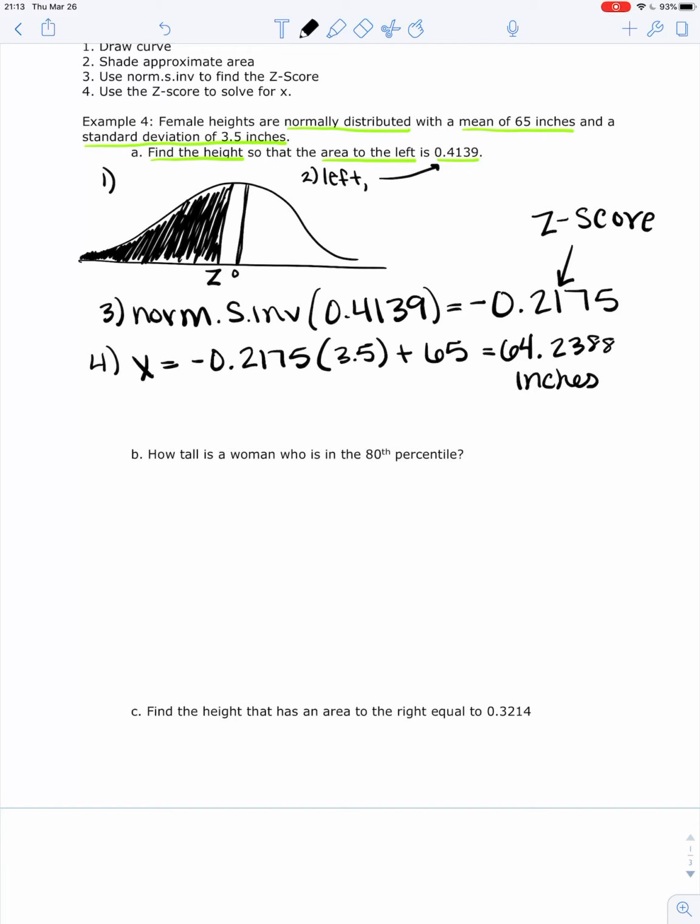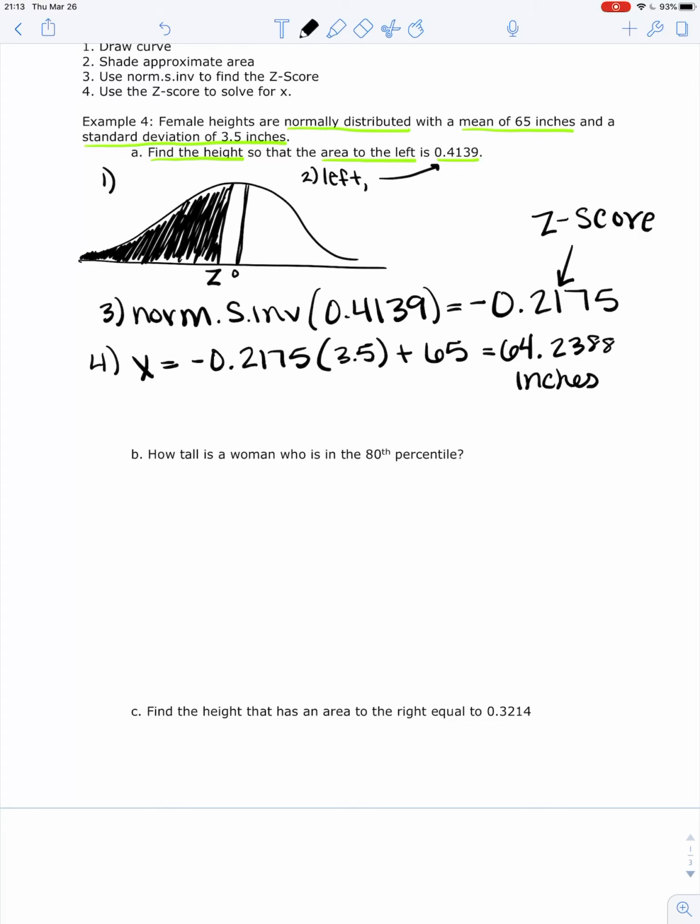So a person that is 64.2388 inches tall is taller than 41.39% of people. Or the probability of getting somebody who is less than 64.2388 inches tall is 0.4139. Okay?